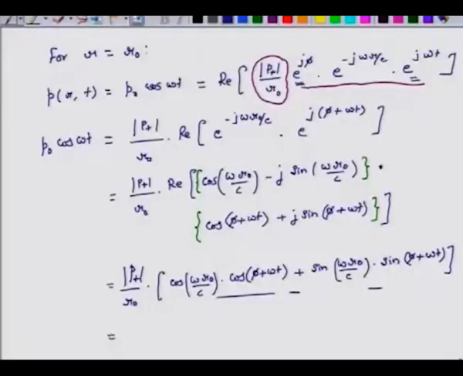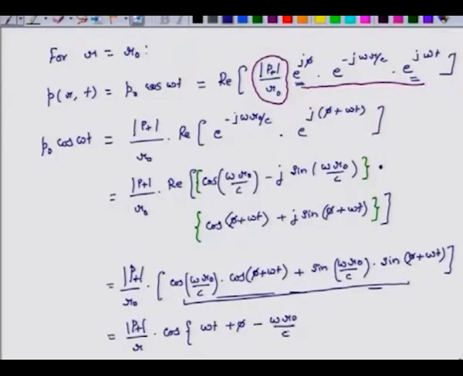So, what I get here is p plus divided by r naught times this entire thing, which can be rewritten as cosine of omega t plus phi minus omega r naught over c.